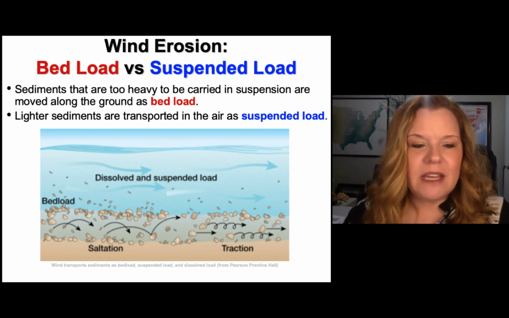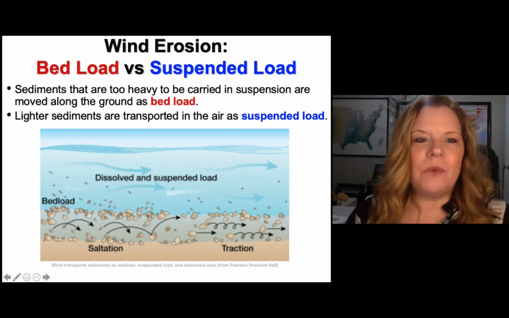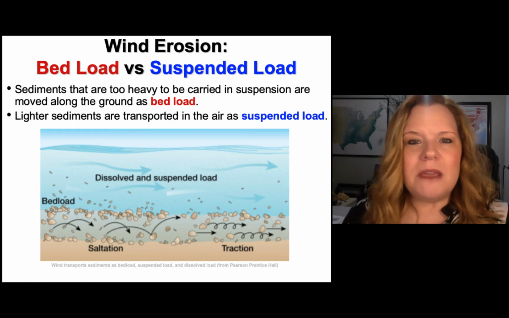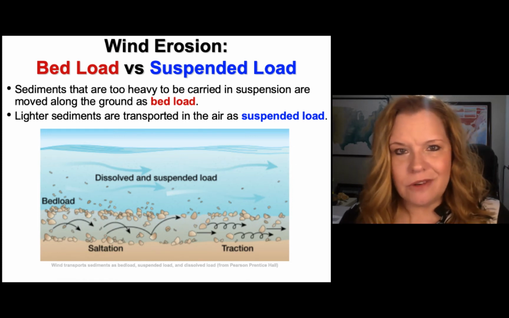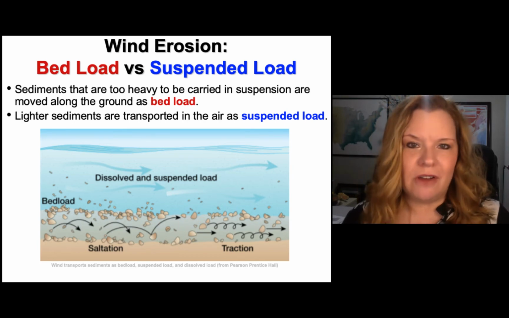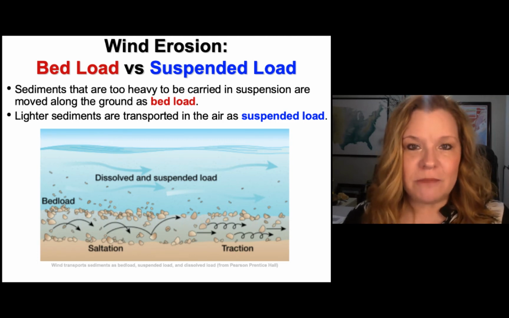If you look at the diagram down here, bed load's going to be all the stuff that's too big to be picked up. So what happens is they're too heavy to be picked up and carried in the air, so they're actually moved along, they're pushed along. And one rock smashes into another and helps dislodge them. That smashing we'll learn about in just a second.